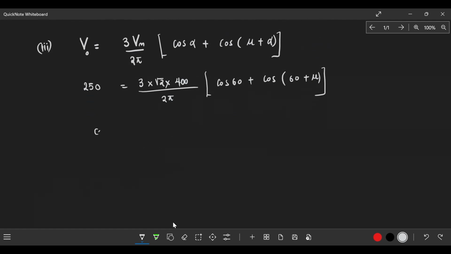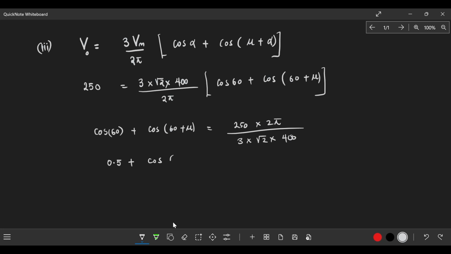I will do the cross multiplication by sending this to the other side of the equation. So I'll start by writing cosine of 60 plus mu. This is equal to 250 times 2 pi divided by 3 times the square root of 2 times 400. Cosine 60 is simply 0.5.